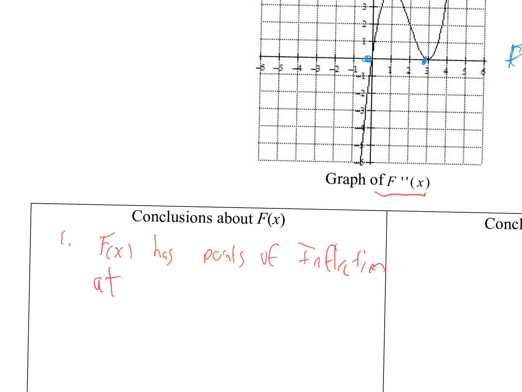at, now, one of those are a point of inflection. One is not. They're different. This one is where concavity of the function changed from concave down to concave up.